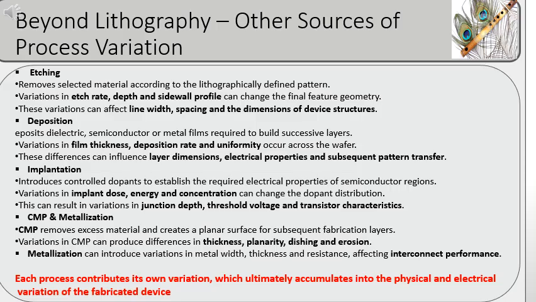CMP can affect film thickness and surface planarity, and metallization can introduce variations in metal dimensions and resistance. These processes therefore contribute to the final physical characteristics of the device.